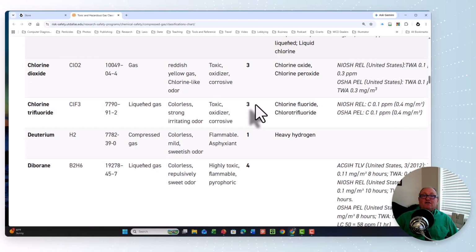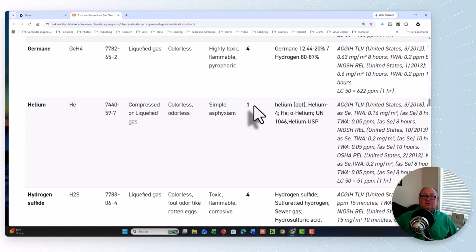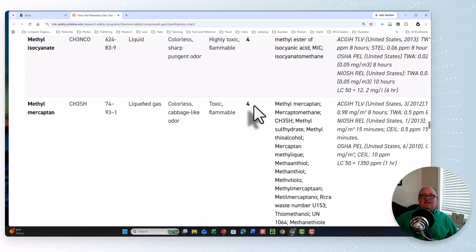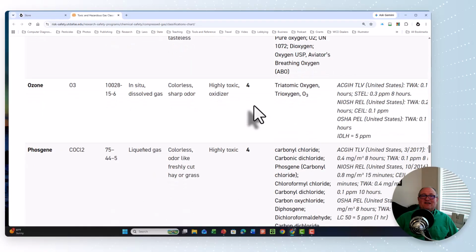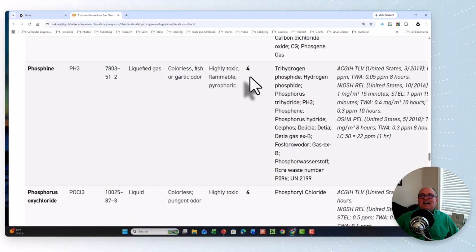And then if we go down to phosphine gas, hopefully you're not getting dizzy as I'm scrolling through here. Phosphine gas has a hazard level of 4. That is significantly more hazardous than carbon monoxide. Carbon monoxide is more hazardous than carbon dioxide.